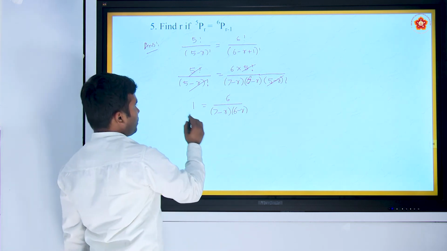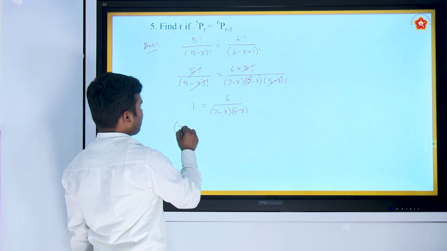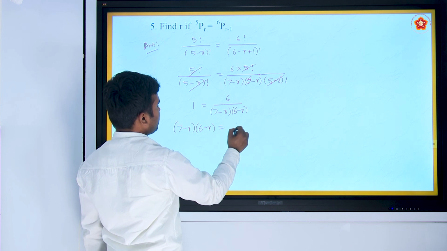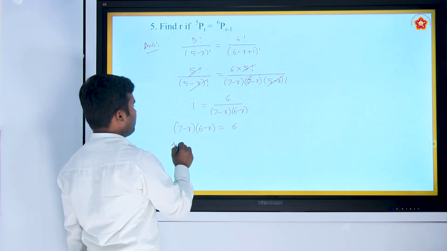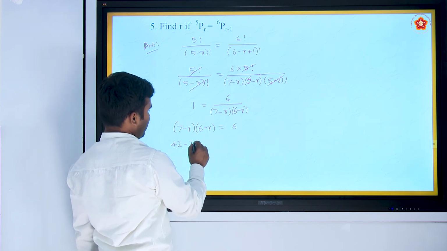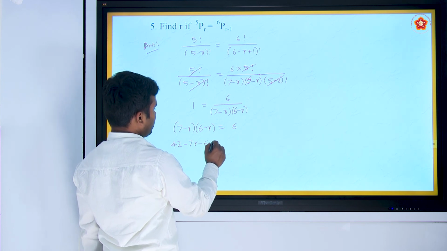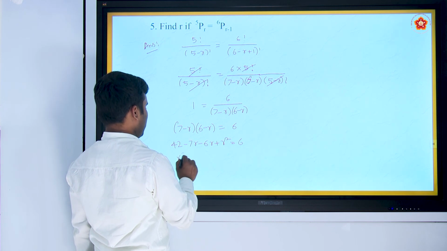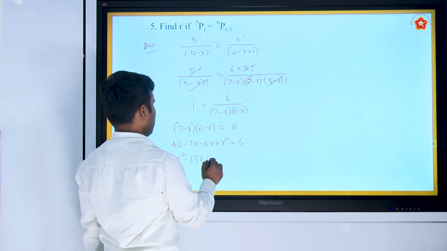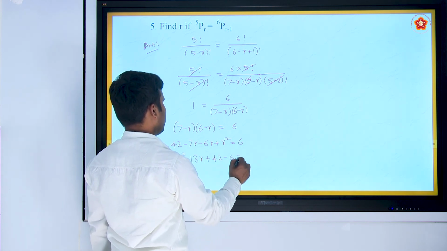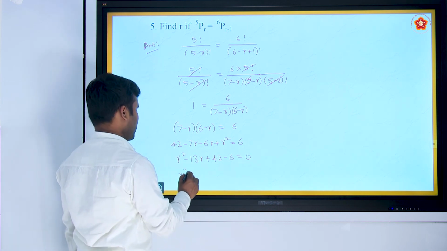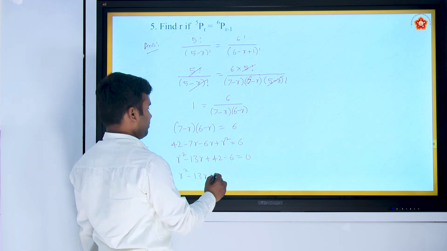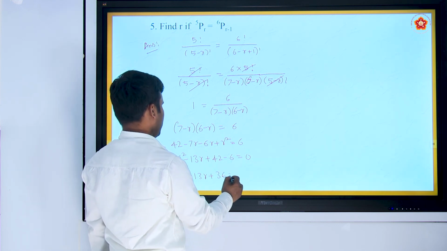Okay, so now cross multiplication, that is 7 minus r into 6 minus r is equal to 6. So 42 minus 7r minus 6r plus r square is equal to 6. So r square minus 13r plus 42 minus 6 is equal to 0. So r square minus 13r plus 36 is equal to 0.